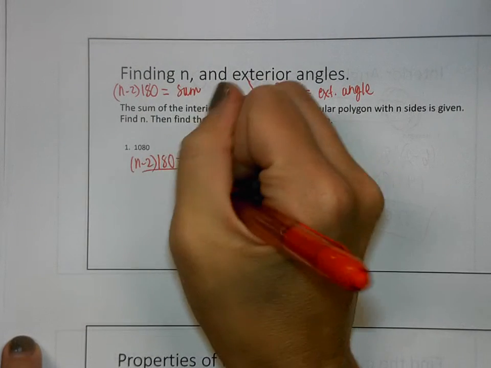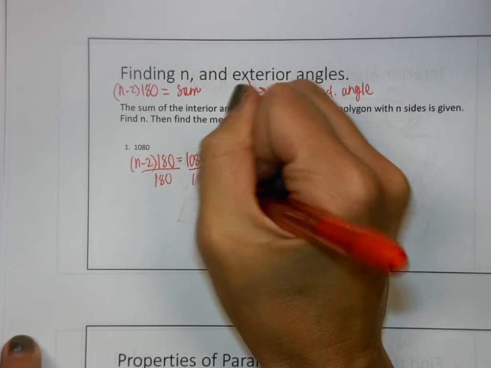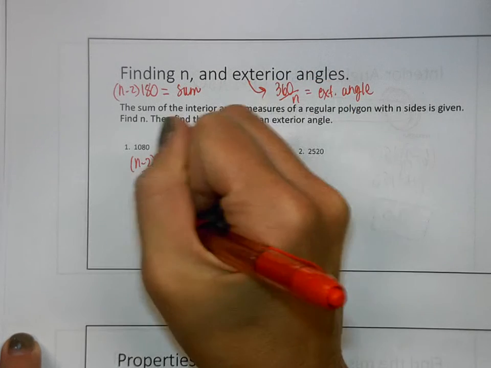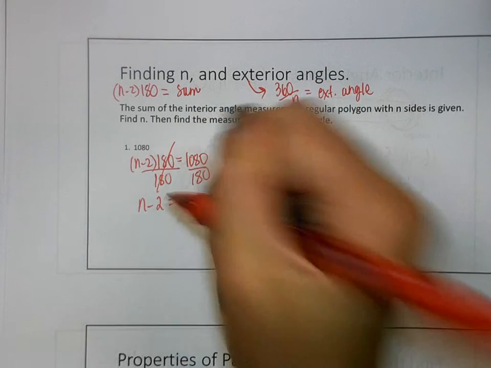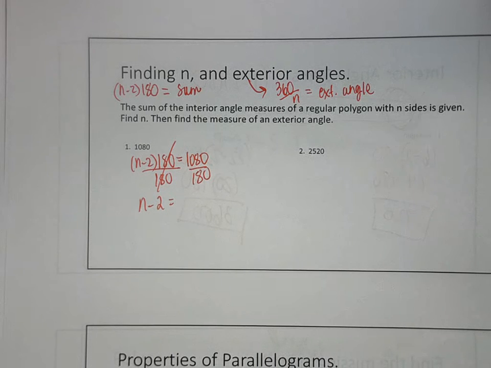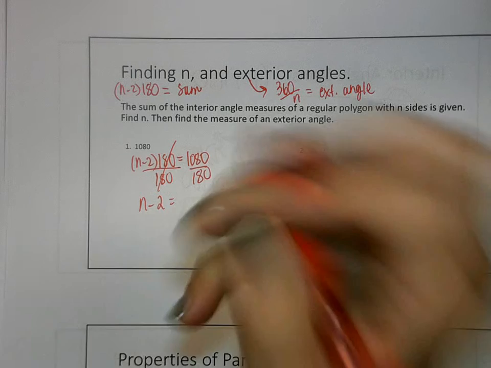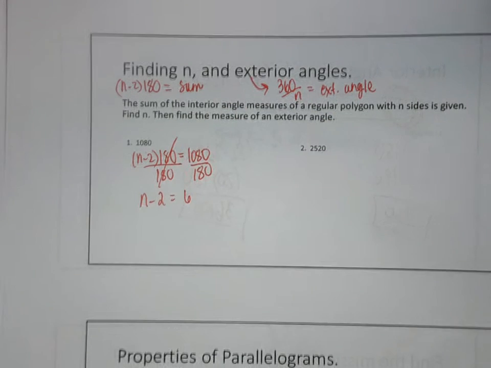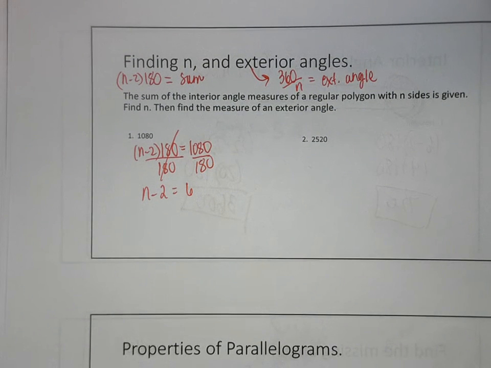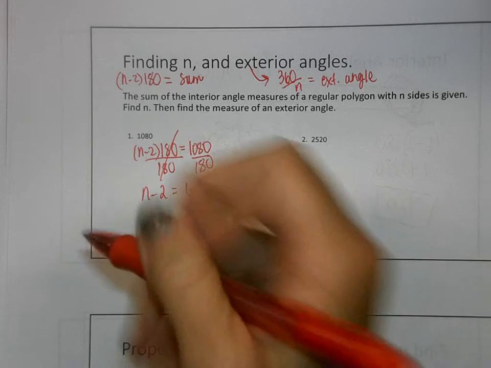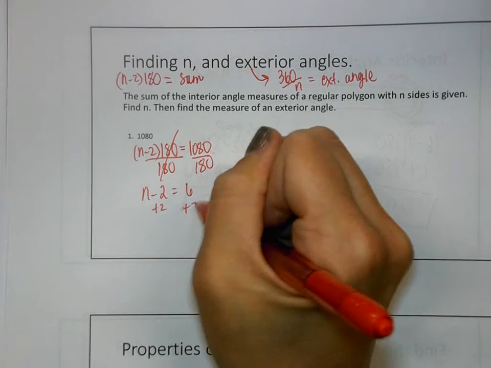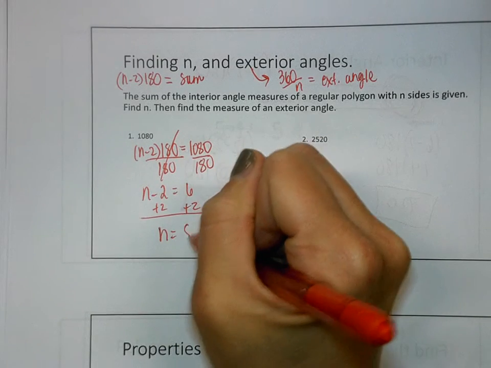So if I do that, if I divide by 180 and I get to use a calculator, which is really nice, I get n minus 2, and what do you guys get when you plug that into your calculator? 6 is correct. Now, does that mean it has 6 sides? No. What do I have to do still? Very good. So my sides, n equals 8.